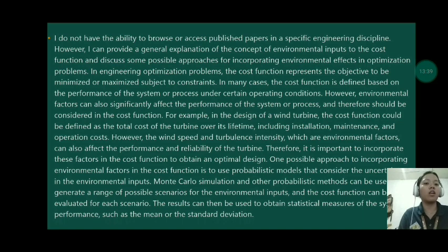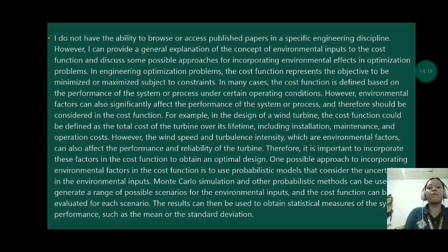In engineering optimization problems, the cost function represents the objective to be minimized or maximized subject to constraints. In many cases, the function is defined based on the performance of a system or process under certain operating conditions. However, environmental factors can also significantly affect the performance of the system or process, and therefore should be considered in the cost function.